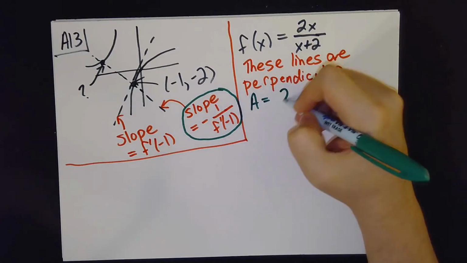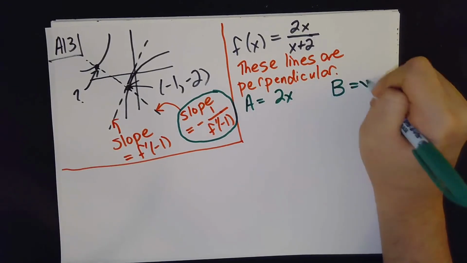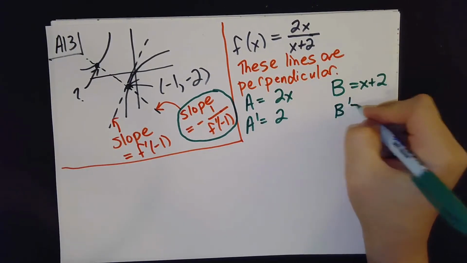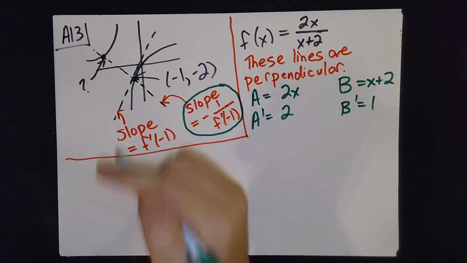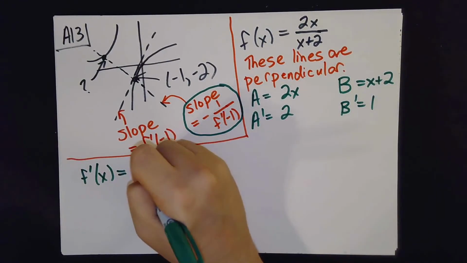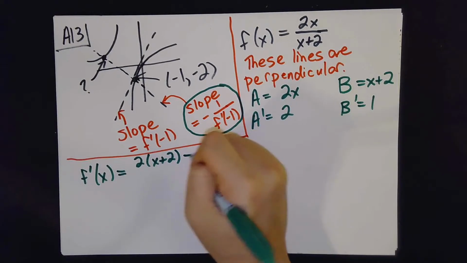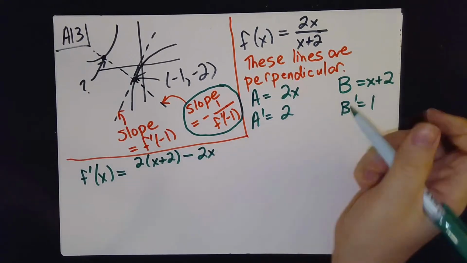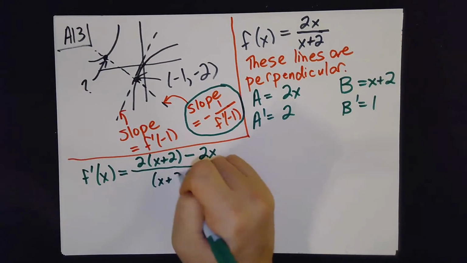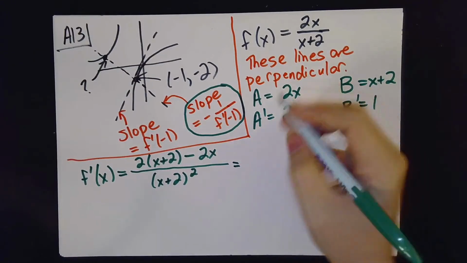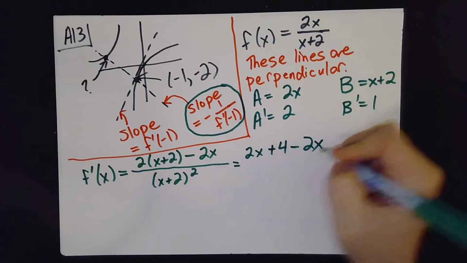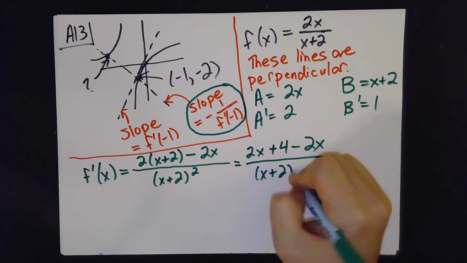So this is a quotient rule question. Plus 4 minus 2x squared.